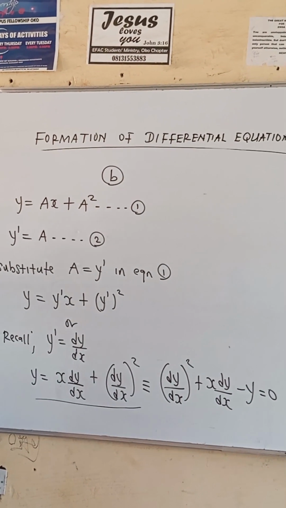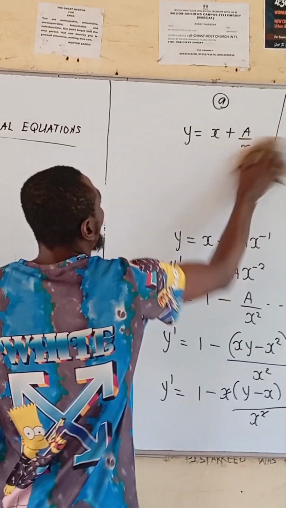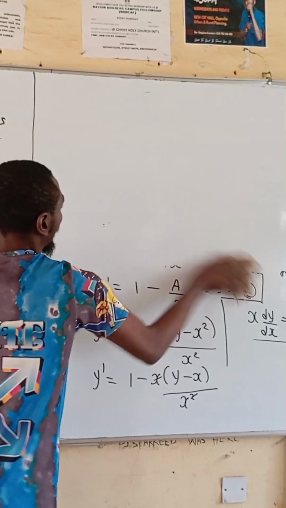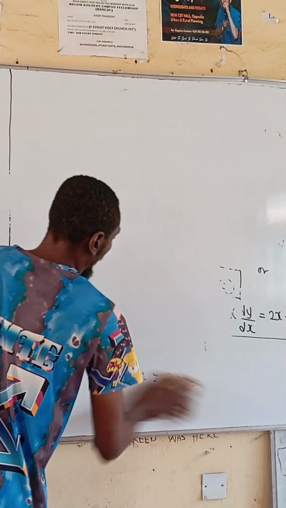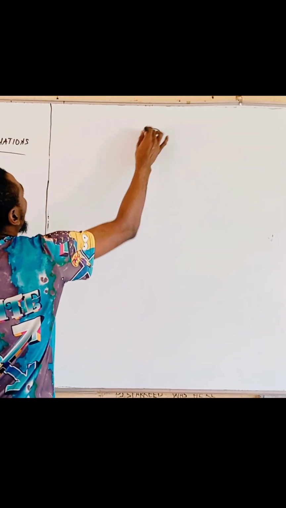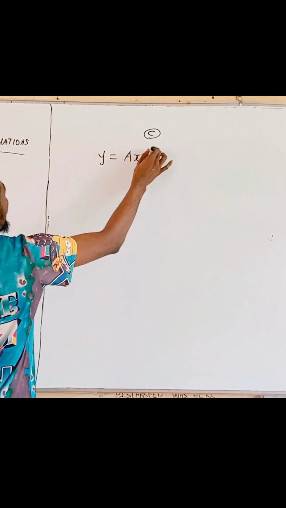Then the last example. We have y is equal to ax exponential x.